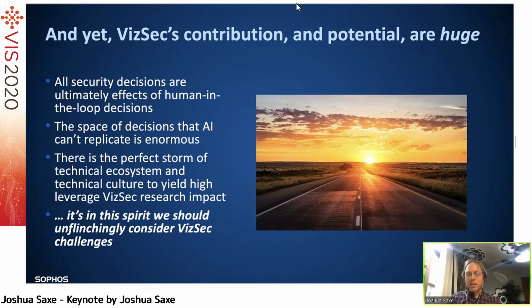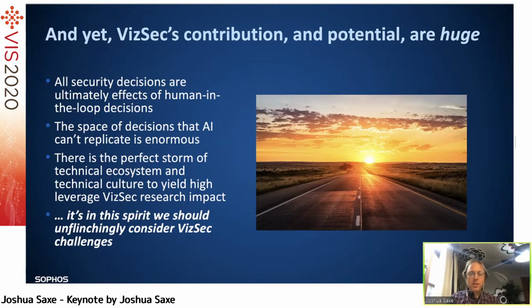Because security is so subjective, it's subjective what security policies you want in an organization. It's subjective how many false positives we're willing to tolerate in an organization. Because there are so many subjective policy questions, there's just a huge space of decision making that AI can't replicate and that will always need human-computer interaction and data visualization.